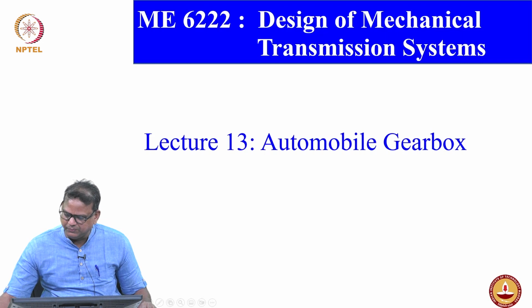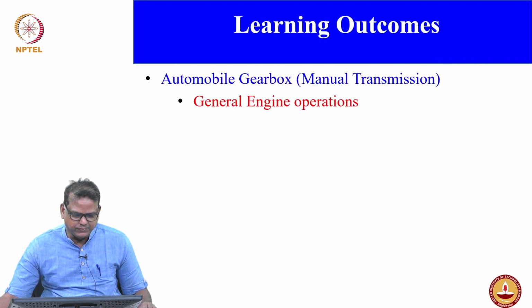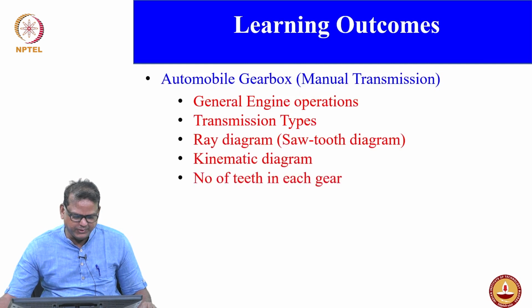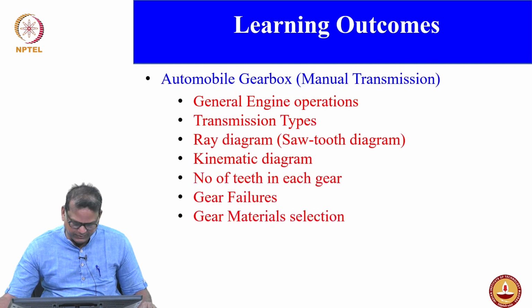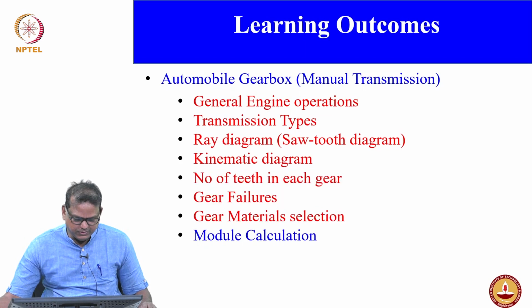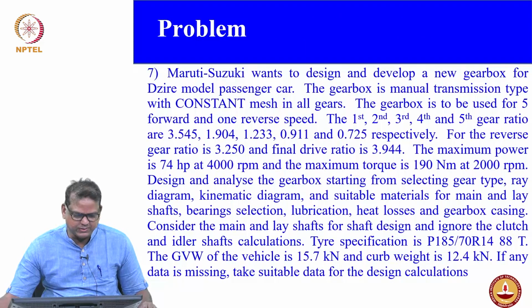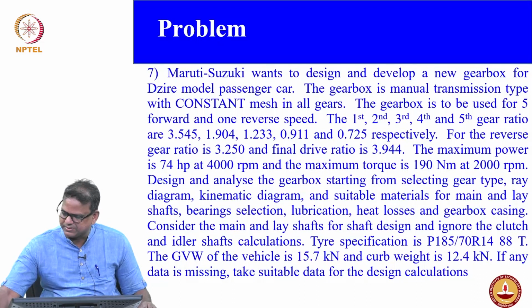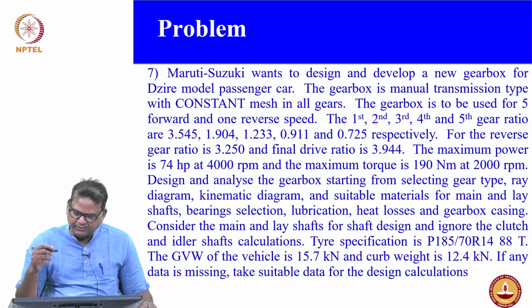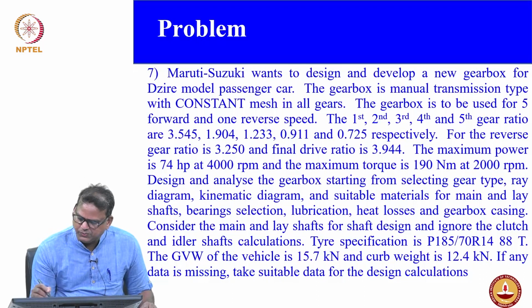So, we will continue where we stopped in the last lecture about model calculation. These are the topics in red color we covered. We will continue with the model calculation aspects, and this is the problem. We have done various aspects for the given gear ratio and the torque aspect.